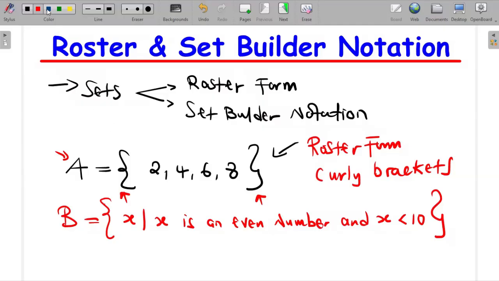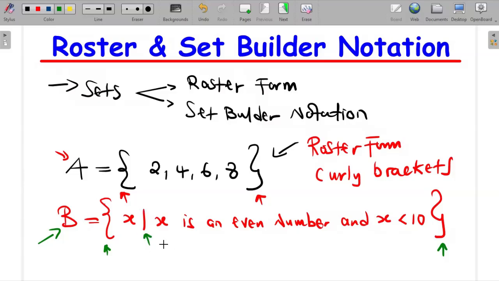Okay, and then the second representation that I wrote is this one for set B. You can see that there are curly brackets here, at the beginning and the end. And then there's a notation that I want you to know. You've seen this line here, this guy.